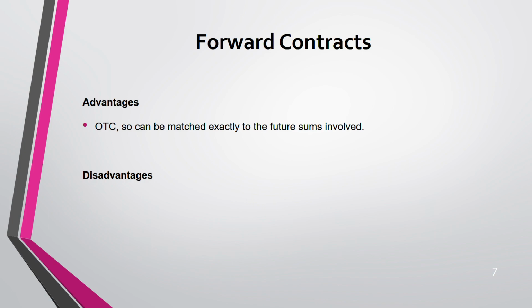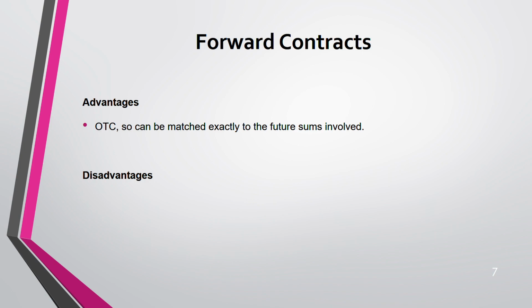So the advantage of forward is that it is OTC. What is OTC? OTC stands for over the counter. That means whatever the receipt or the payment you have, you can actually match it with the forward because it's customized, unlike future and option, which are standardized. You have limited options and limited futures for a fixed currency.